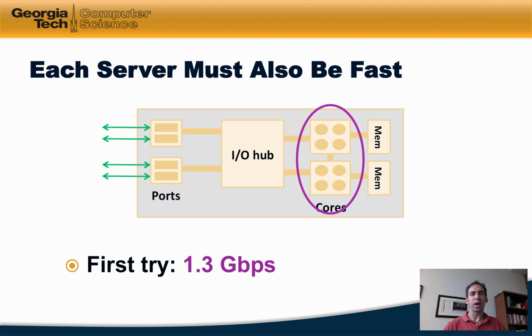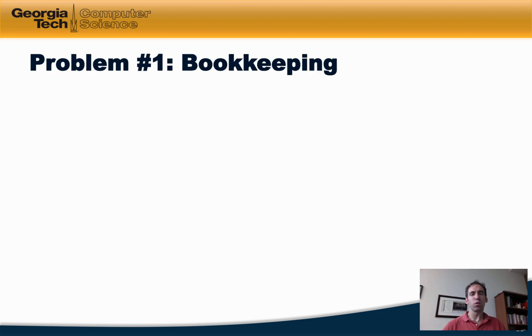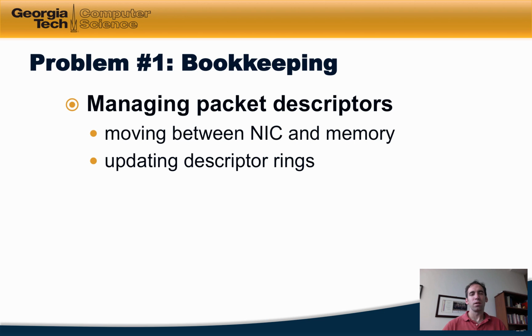Before we can even take advantage of parallelism, it's useful to recognize that processing packets one at a time involves tremendous bookkeeping overhead. The server must manage descriptors for each packet, move the packet between the network interface card and memory, and update file descriptors associated with that packet.